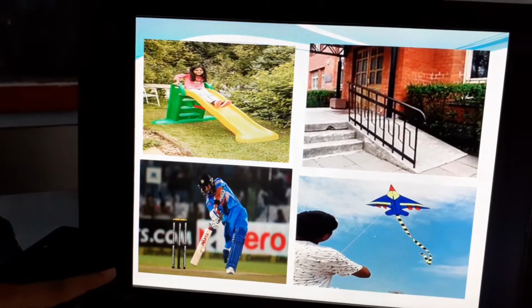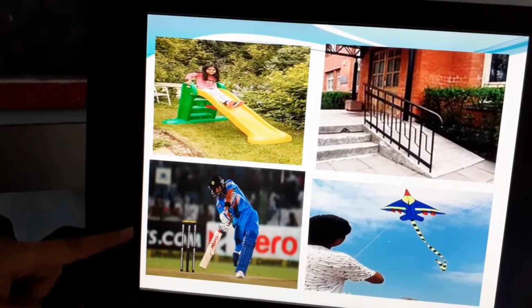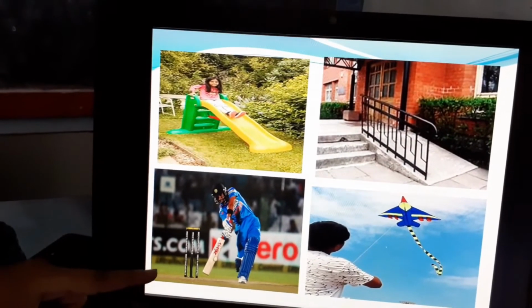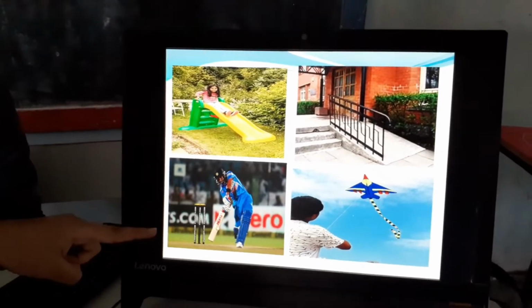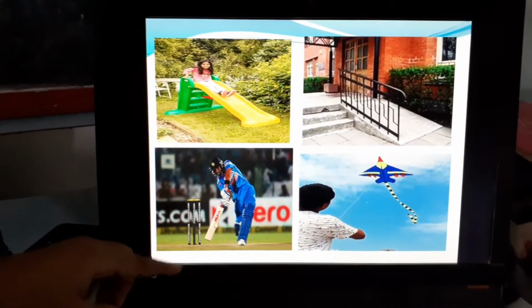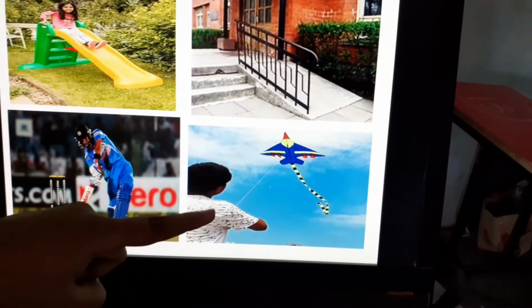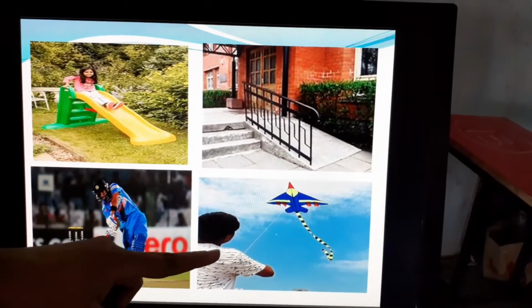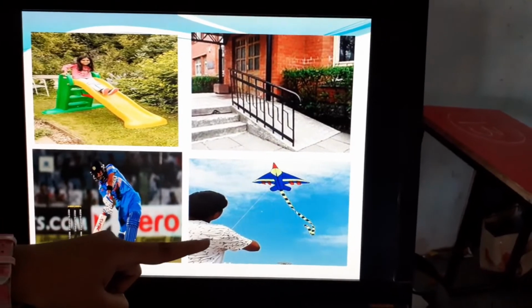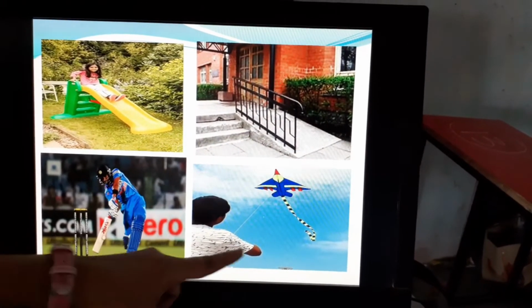In a cricket match, while batting, the batsman holds the bat in his hand such that it makes a slope with the ground. While a child flies a kite, he holds the thread in his hand such that it makes a slope with the horizontal.